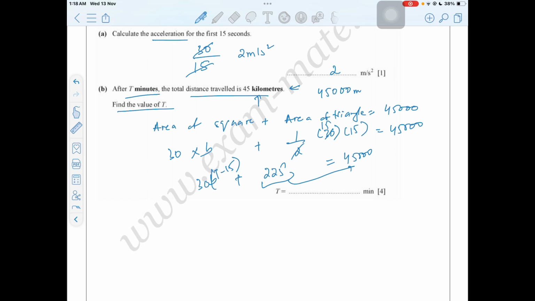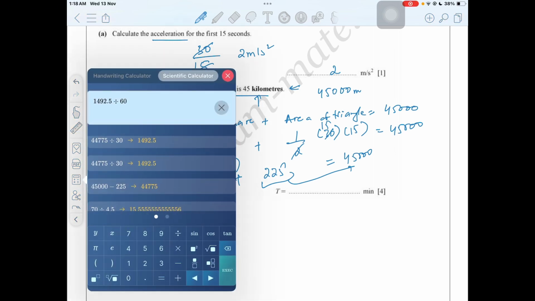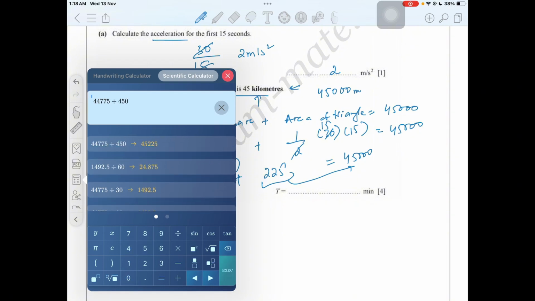So this would be 450, and 450 would be added over here. So we have 44,775 and we have to add 450 over here, and then we have to divide it by 30 first. 45,225 divided by 30. Then we have to divide it by 60.